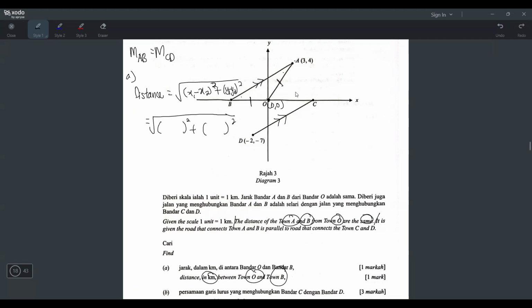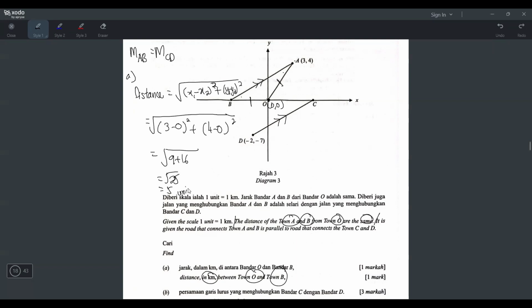In the first bracket I place x coordinate minus x coordinate. Whichever you like, 0 minus 3 also can, 3 minus 0 also can. It doesn't matter, because later when you square, it becomes positive. So let's take 3 minus 0, x minus x. Y minus y will be 4 minus 0. Now you end up with 3 squared plus 4 squared, which is 9 plus 16. You get square root of 25, and you end up with 5.